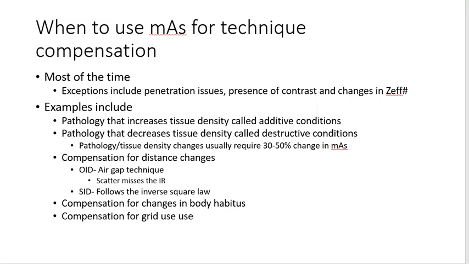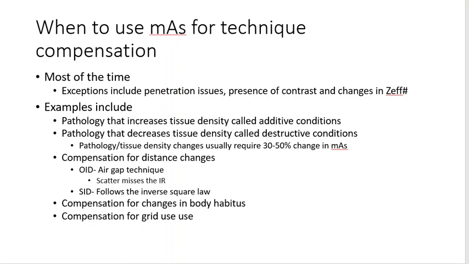Most of the time we use mass for technique compensation. Again, unless we want to change the differential absorption, and that involves either because we've got a change in Z effective, or effective atomic number of the structure, and that only occurs when we either decrease the density or increase the density, relative density of the organ system.